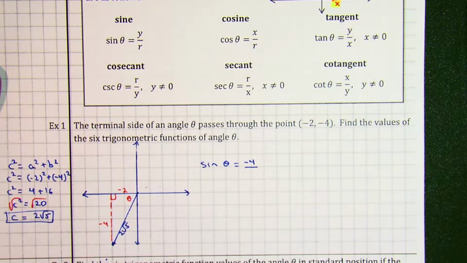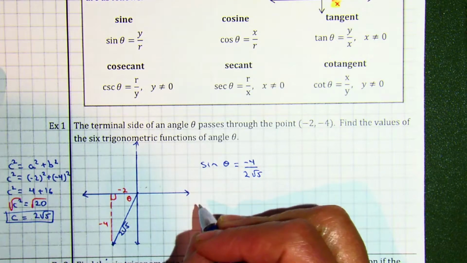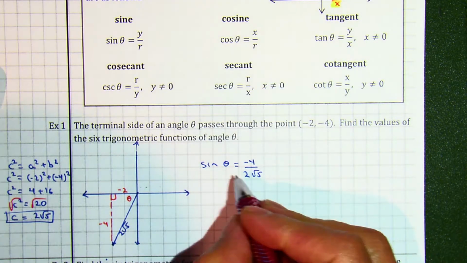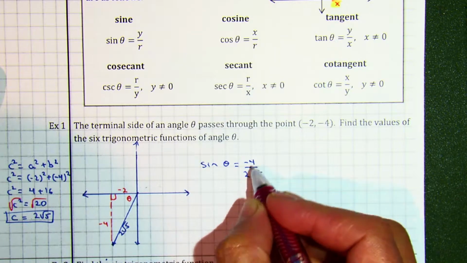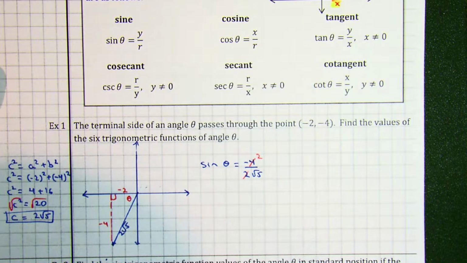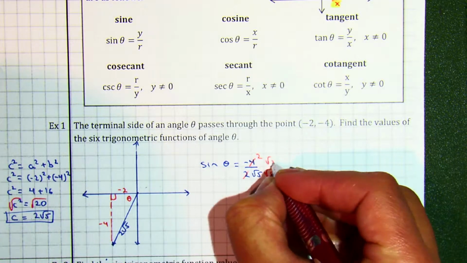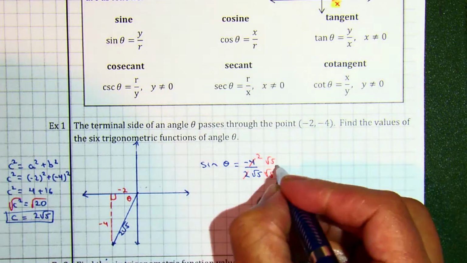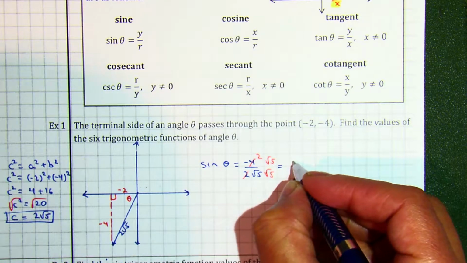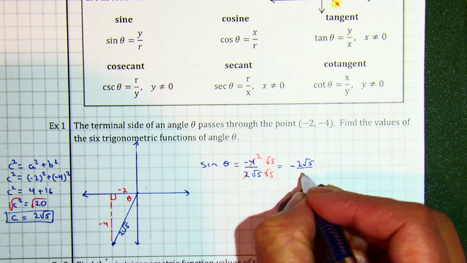So it'll be -4 over 2 square root of 5. I need to reduce my fraction, and I'm going to rationalize my denominator. So therefore, it'll be negative 2 square root of 5 over 5.